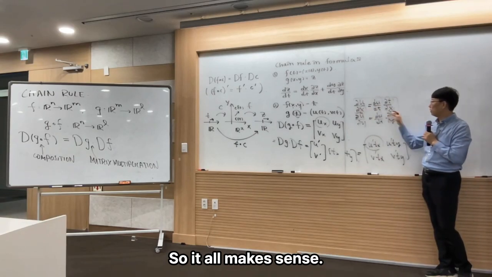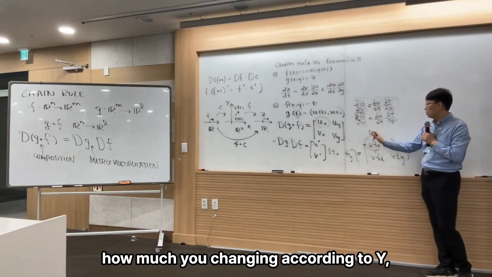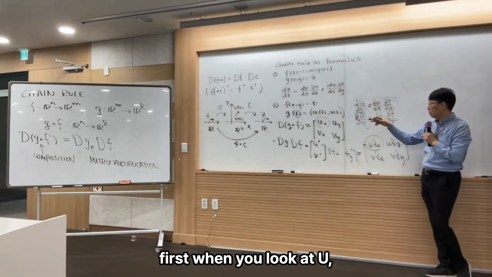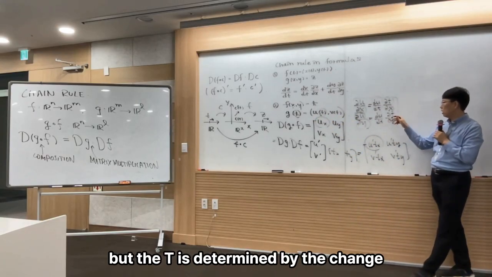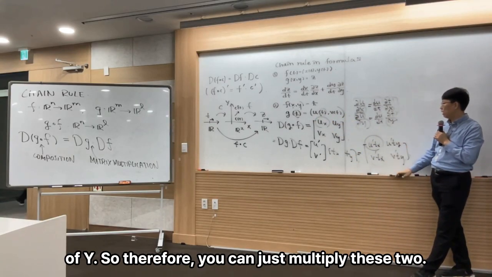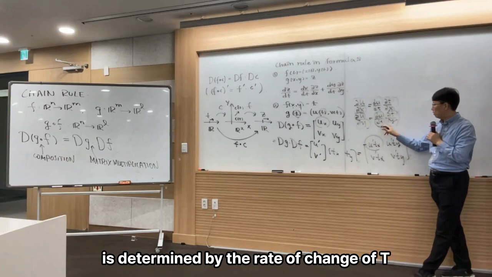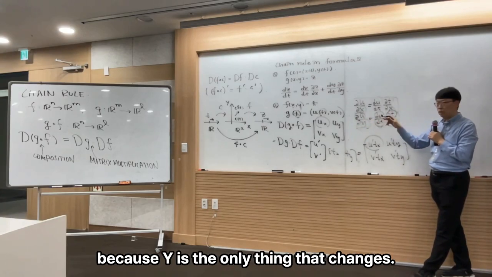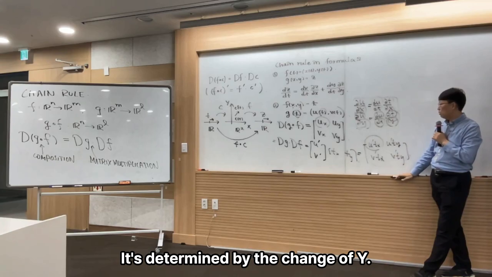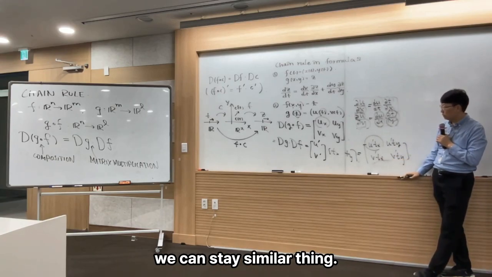So it all makes sense. Also here, if you want to see how much u changes according to y, when you look at u, it is only determined by the rate of change of t, but t is determined by the change of y, so you can just multiply these two. So it's a chain reaction. The rate of change of u is determined by the rate of change of t, and the rate of change of t, in this case, because y is the only thing that changes, is determined by the change of y. So this also makes sense, and the rest is similar.